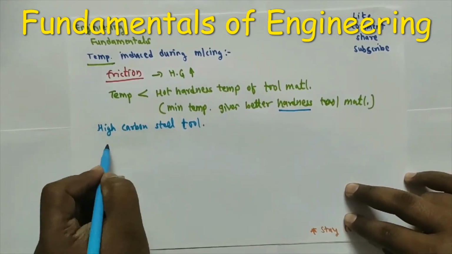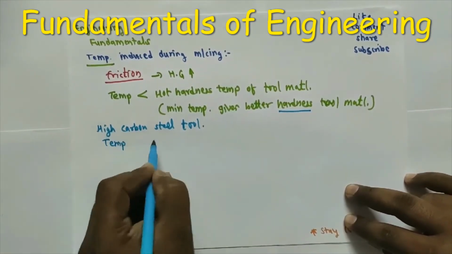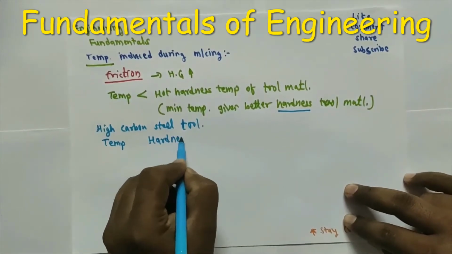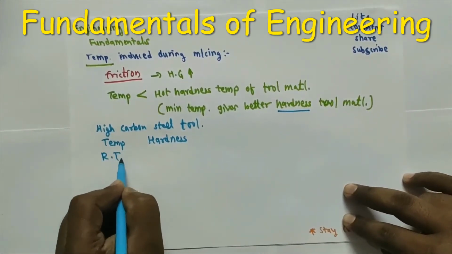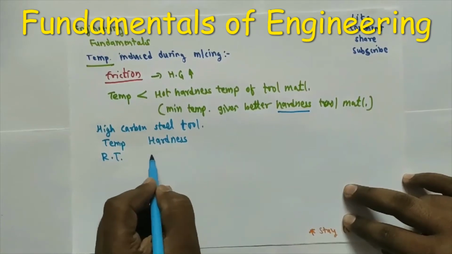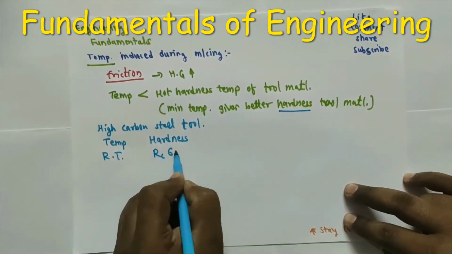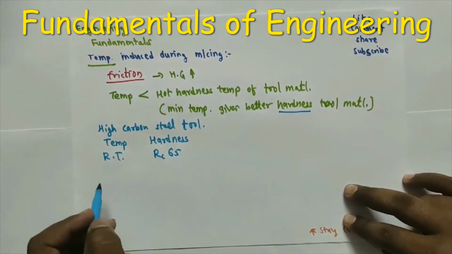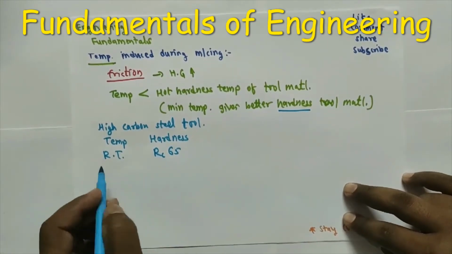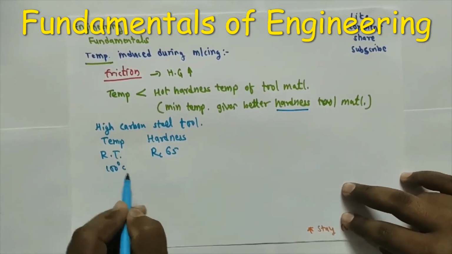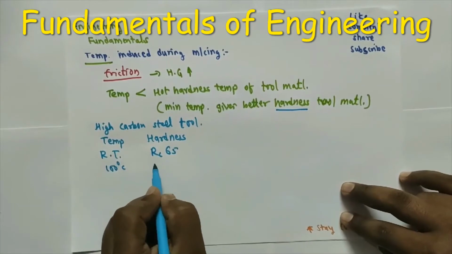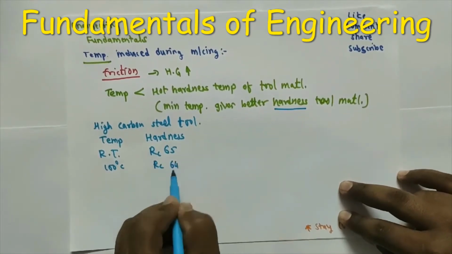If we consider the temperature and the hardness value, at room temperature it has a hardness of RC 65. If the temperature while doing the machining operation increases to 100 degrees Celsius, then the RC value comes down to 64.